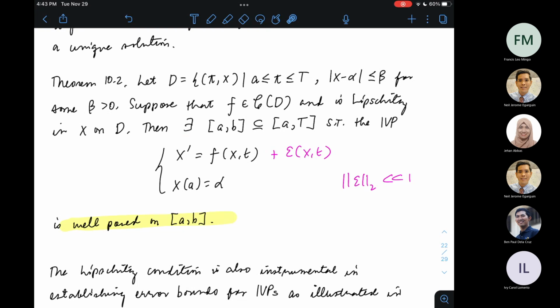Yun yung ibig sabihin na yung solution ay nagdedepende continuously dun sa data. A small perturbation in the data, in this case, our data is our right-hand side, maliit na pagbabago dun sa data, dapat maliit lang yung pagbabago sa solution. And Lipschitz continuity guarantees that for the ODEs of this form, we're laging well-posed.